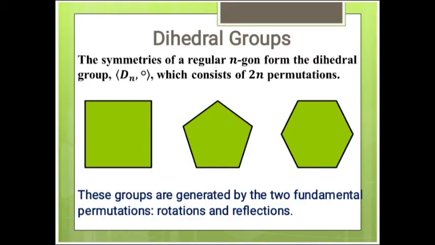So this time, let's define the dihedral groups. The symmetries of a regular n-gon form the dihedral group D sub n, with composition, which consists of 2n permutations. These groups are generated by two fundamental permutations, the rotations and reflections.